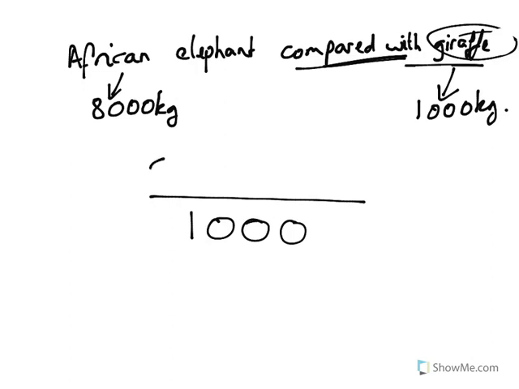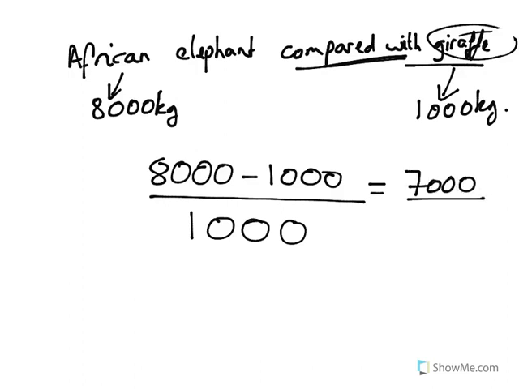So the difference in weight between the two, 8,000 minus 1,000, giving us 7,000 divided by 1,000, giving us a number of 7 times larger.